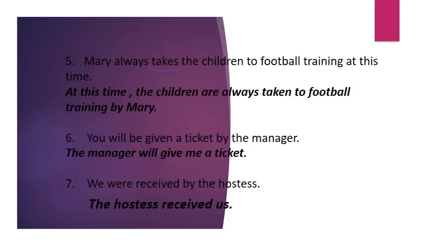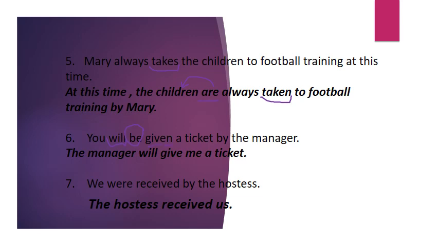And if we have the simple present tense, we should change the verb to the past participle form and add the present form of verb to be, am, is, or are, according to the subject of the passive sentence, which was the object of the active sentence. Or if we have a modal auxiliary like will, it will be followed by be and then the past participle of the verb.